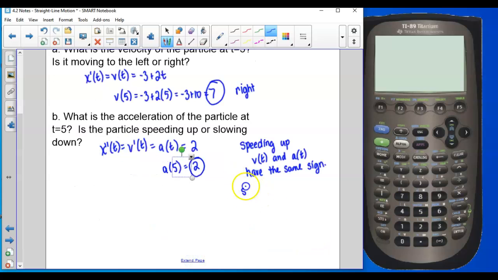And if you're slowing down, v of t and a of t have different signs.